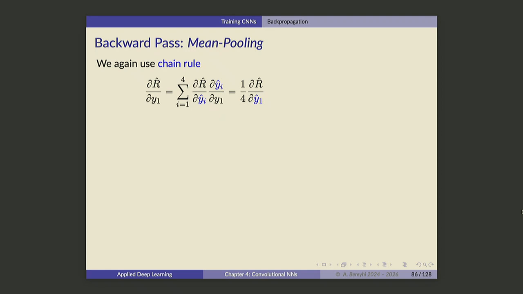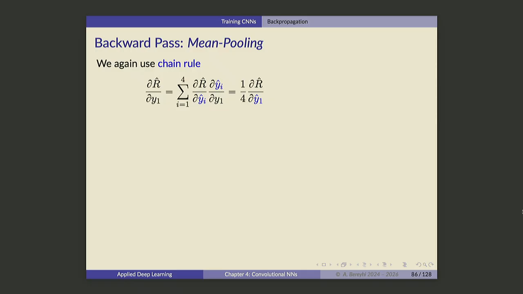Maybe I write it down on the board. I guess once I write it on the board, it's going to get easier. So the derivative of r hat with respect to y1, you would say the gradient of r hat with respect to y hat 1 times the gradient of y hat 1 with respect to y1, right? Should I stop?